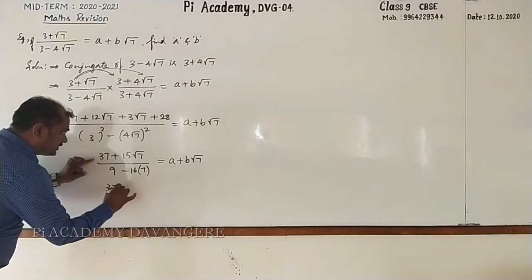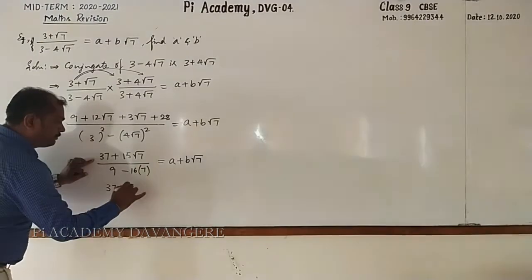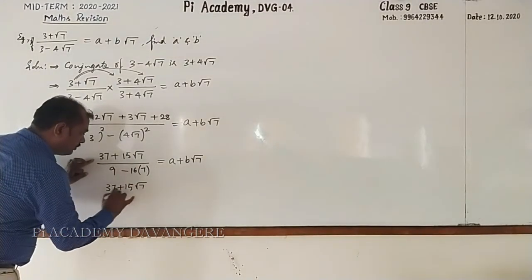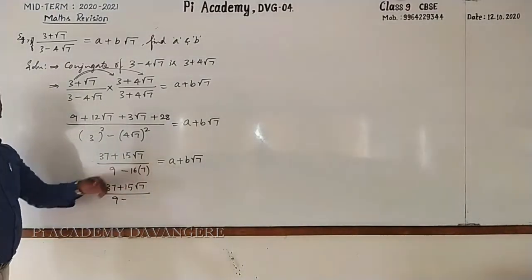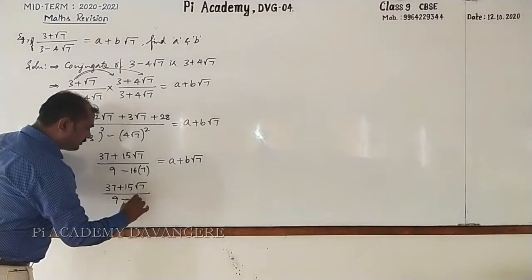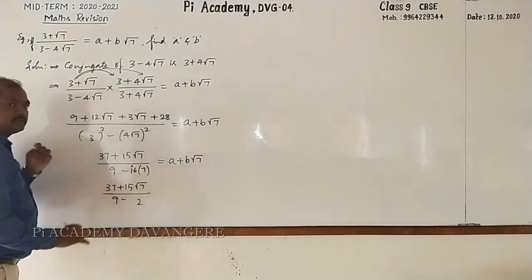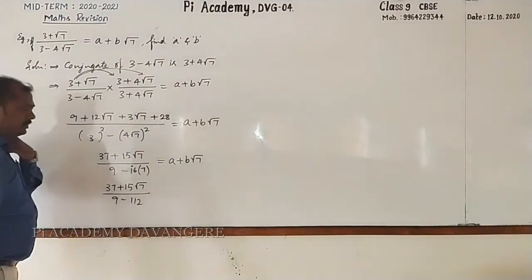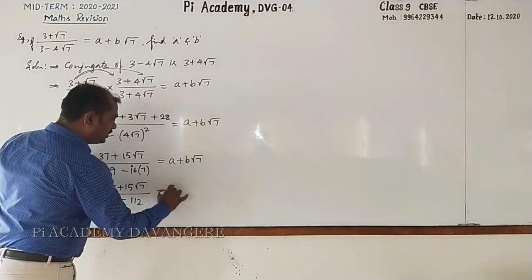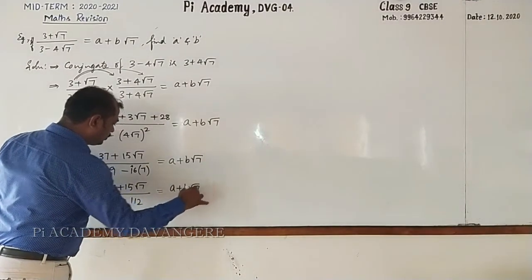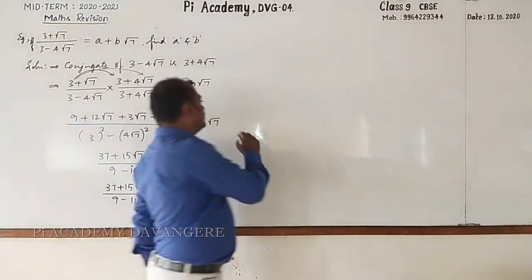Next, numerator, you may write this as it is, that is (37 plus 15 into root 7) whole divided by 9 minus 16 sevens. 7 6s are 42, 4, 7 1s are 7, plus 4, it is 11, 112, which is equal to A plus B into root 7. Next, let me continue that here.